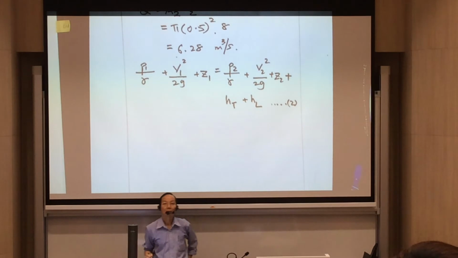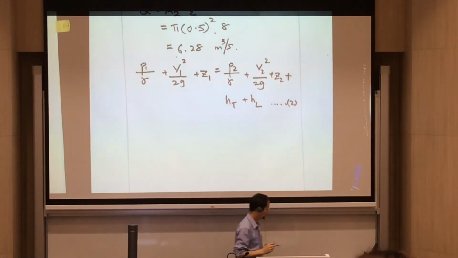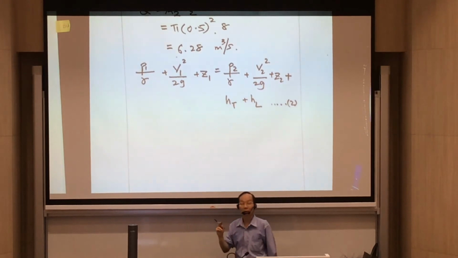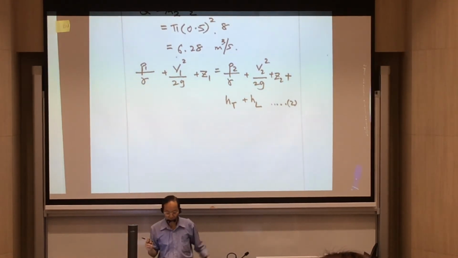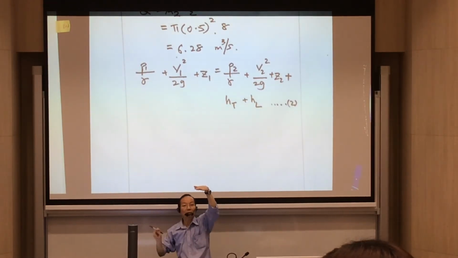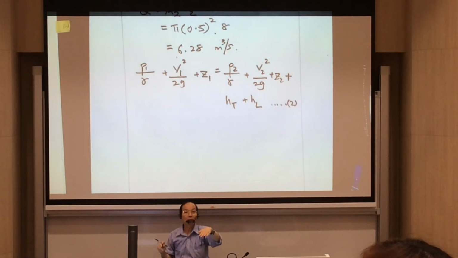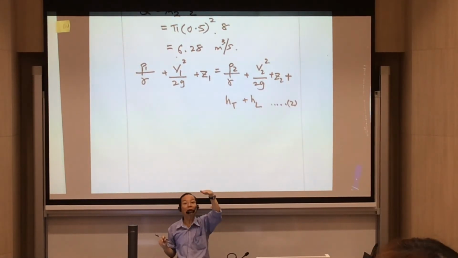Okay, what is V1? V1 is the water level at the surface of the lake. You think that to generate turbine power, the level of the lake will go down? It won't, it still stays there, right?